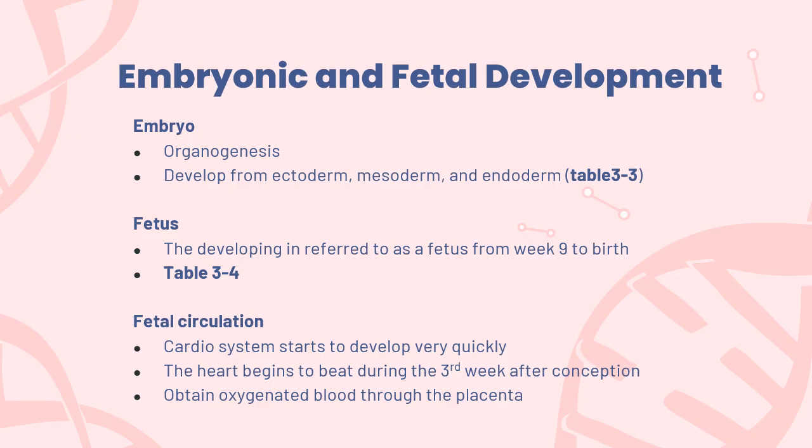Okay, and they go more in depth with table 3-4. I don't want you guys to memorize these tables. I put them in here kind of to help you understand certain aspects if you don't remember them. But just know that yes, this PowerPoint isn't super long for chapter 3 because you have many other chapters on this exam. You have 1, 2, 3, 18 and 19. 18 and 19 are your well women's and problem with women's health.